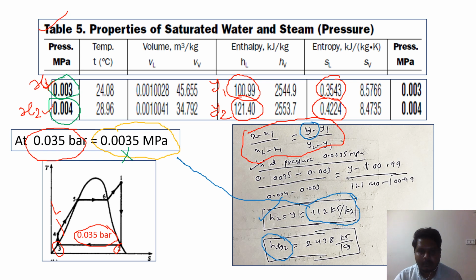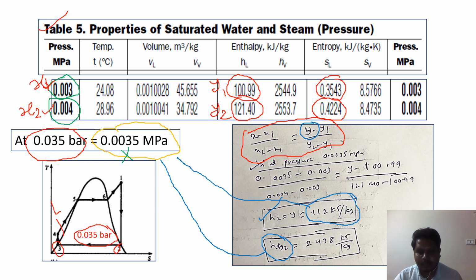HFG value at 0.0035 megapascal from this table, and the equation x minus x1 divided by x2 minus x1 equals y minus y1 divided by y2 minus y1. Here HFG equals Hg minus Hf.